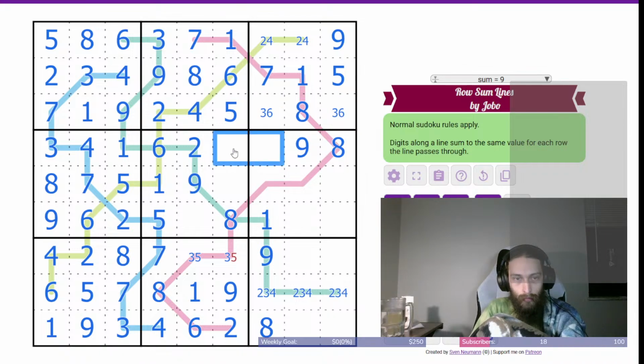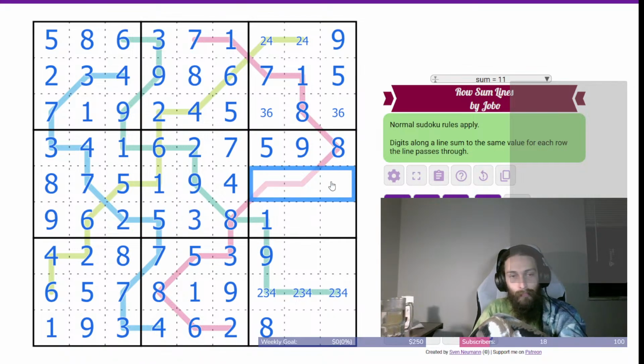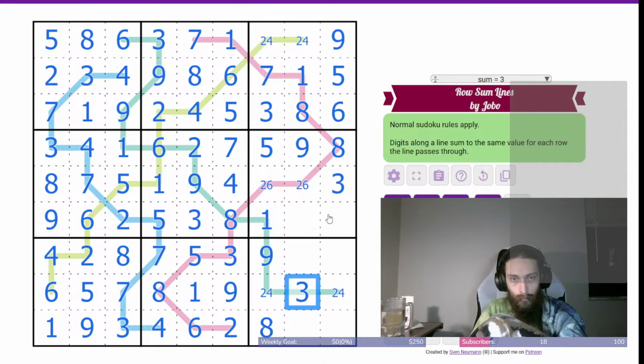6, 5, and 7. 4, and oh, that's 3. 2, 6 on the red line. 3, 3. 4 makes it 6 and 2. 4, 7, 3.